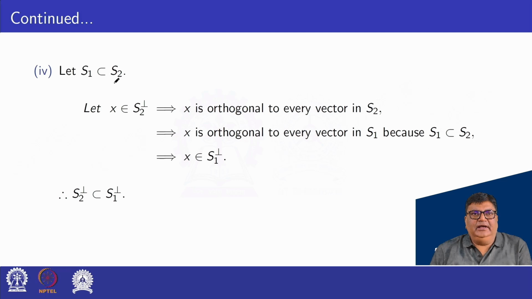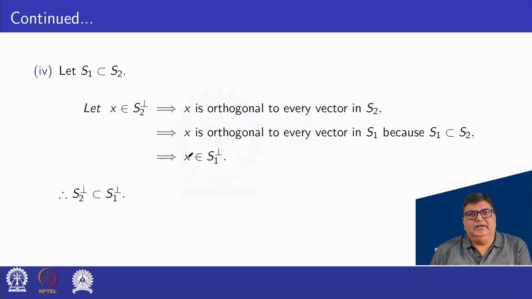Fourth, let S1 be a subset of S2. Let x belong to S2 perpendicular. This implies that x is orthogonal to every vector in S2. This implies that x is orthogonal to every vector in S1 also, because S1 is a subset of S2.